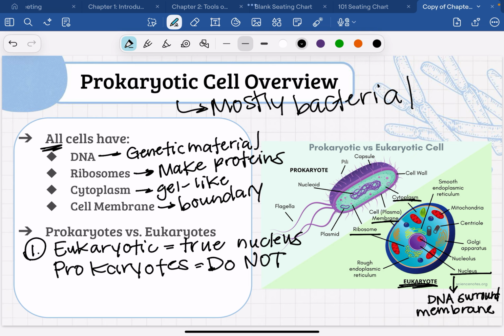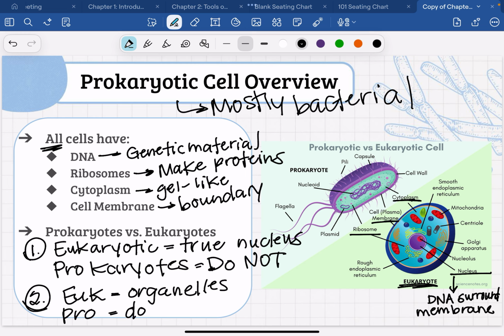Prokaryotes don't. That is the biggest difference between all of these organisms. Okay? And there are a couple of other smaller differences that we'll talk about as we go through. Eukaryotes also have what are called organelles, which we'll talk more about when we get to the eukaryotic chapter. Prokaryotes don't have them.